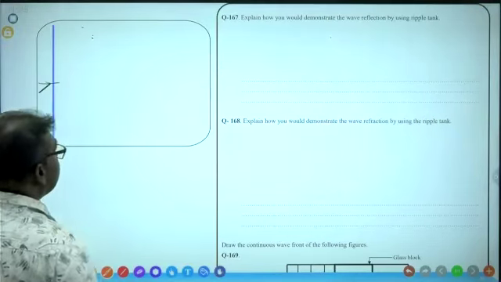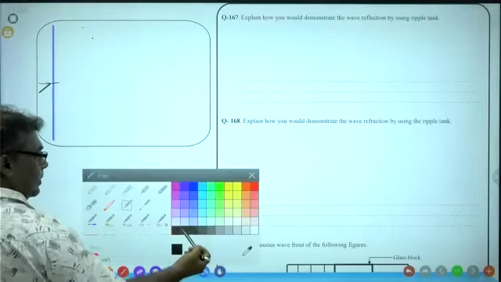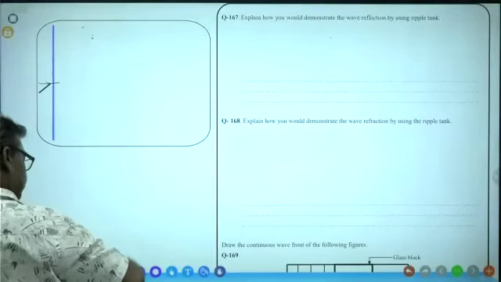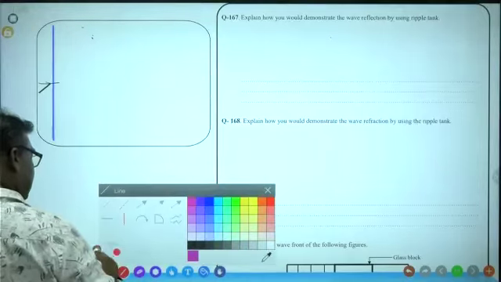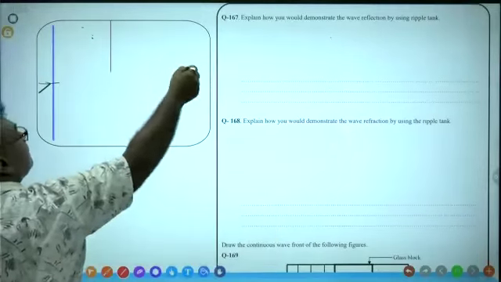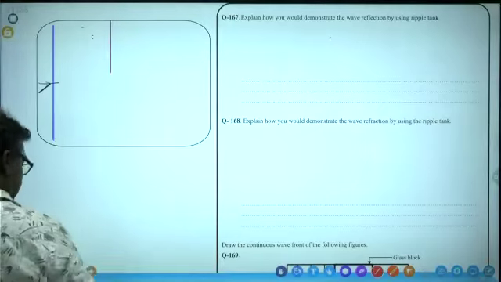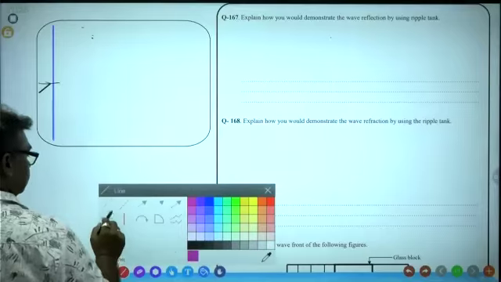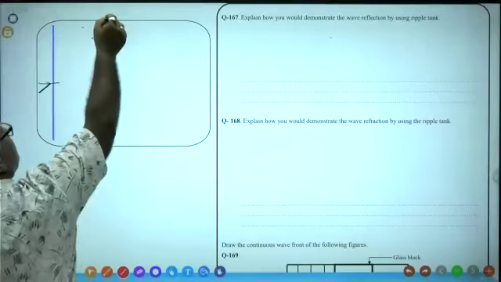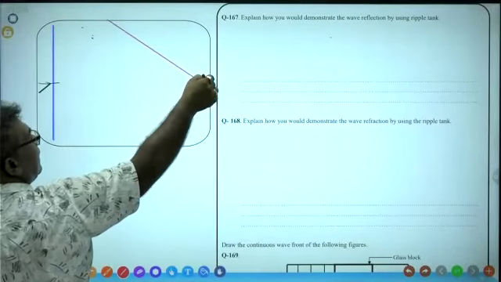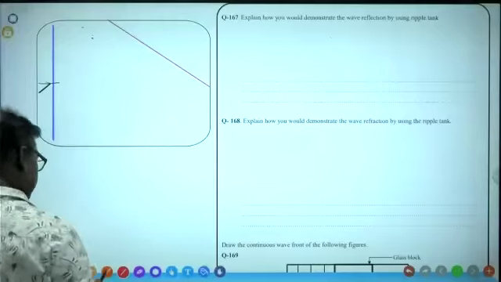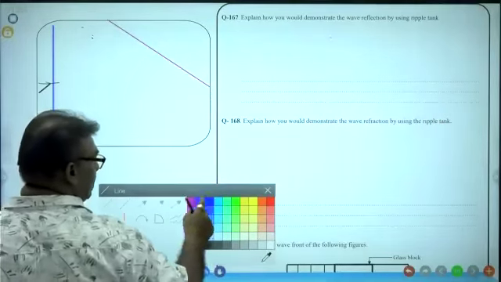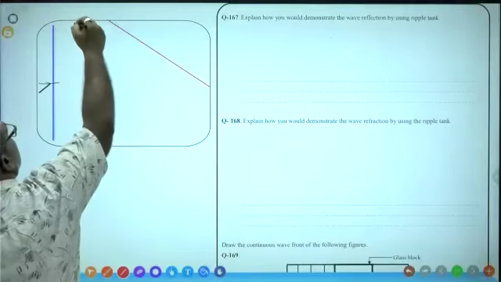Then we are going to keep a barrier like this. It's an inclined barrier, placed right here. The wavefronts are operated from here.